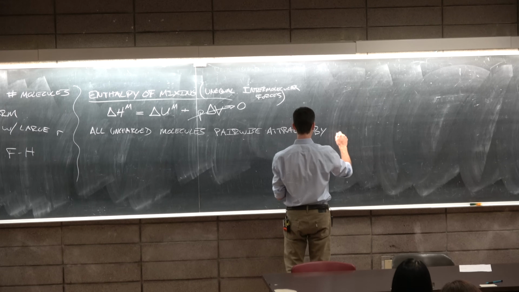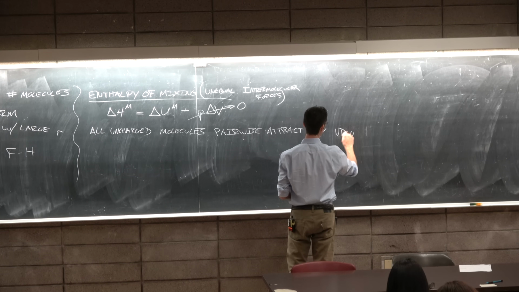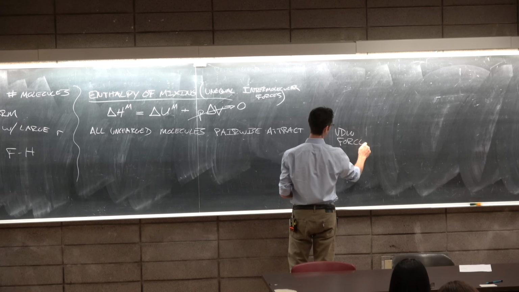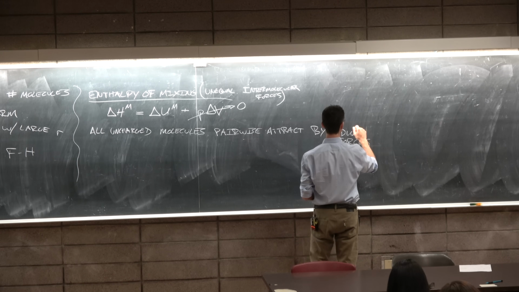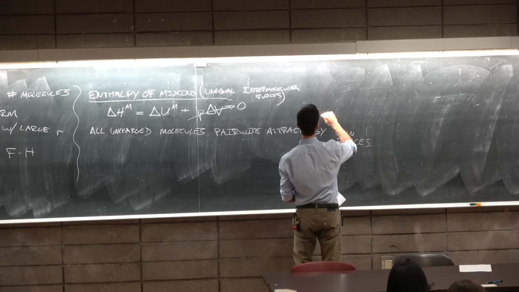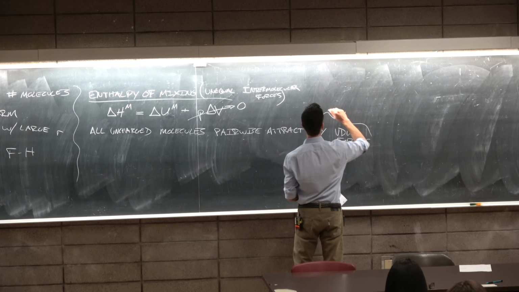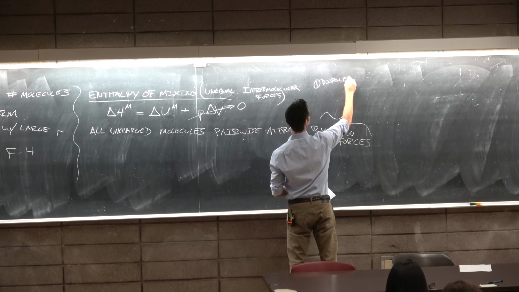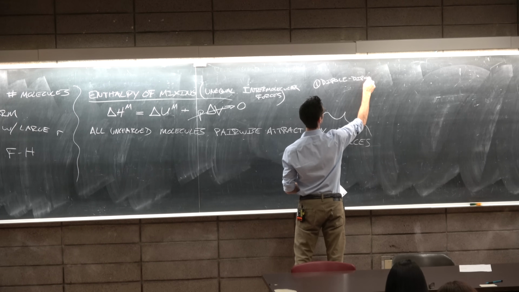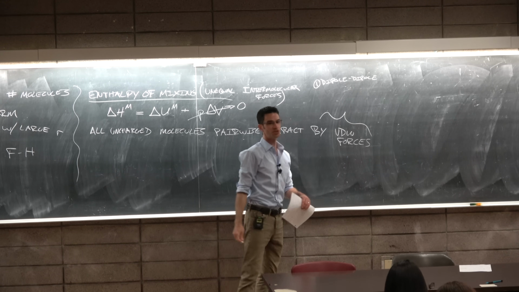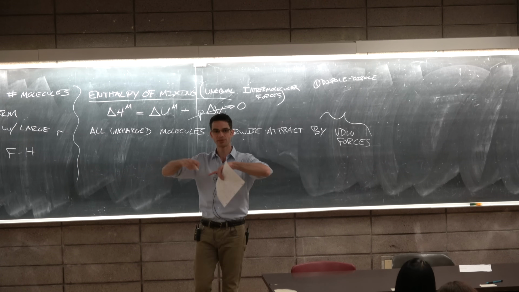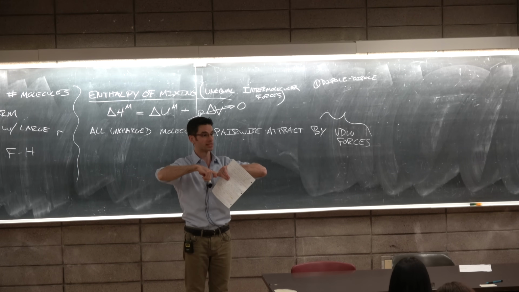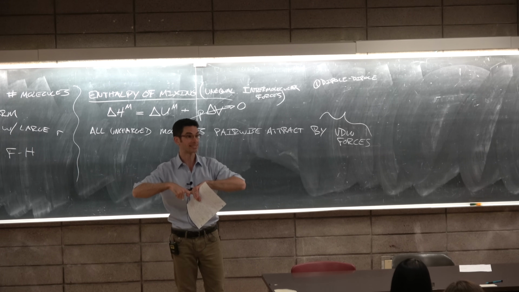And how do they attract? They attract by van der Waals forces. And the van der Waals forces are three things. They're the dipole-dipole force, where you need two permanent dipoles that interact with each other. Molecules that don't have permanent dipoles can't interact this way.